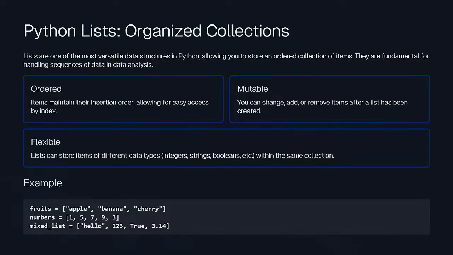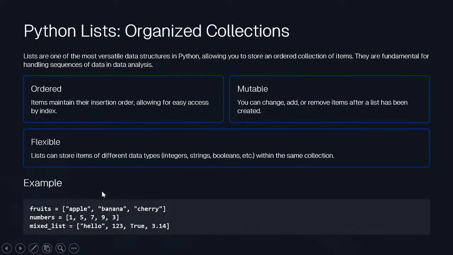Okay, let's see what a Python list is. This is a very important part. A list is a collection of values in Python. For example, if there is a variable fruit and we are taking apple, banana, cherry, it's a list.